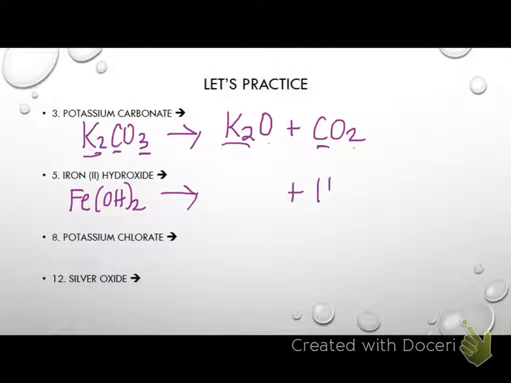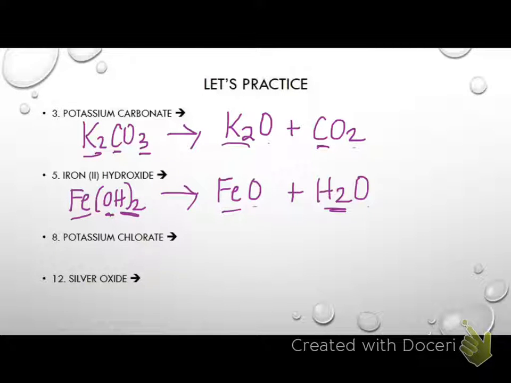So I know I'm going to get water. And I'm going to do metallic oxide, which will be iron 2 oxide, so it's just going to be FeO. And if I look at that, I am already balanced. I have 1 iron, 2 hydrogen, 2 also, oxygen, 1, 2 oxygen, it's balanced. Okay.